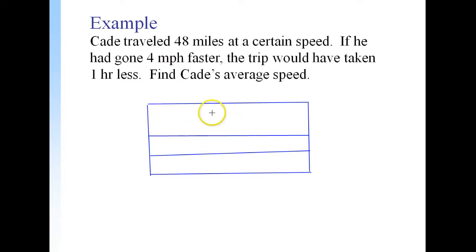I probably could have made some of these a little bit bigger, but we need 3 categories. And you might say, how come 3? Because the formula we're going to use is distance equals rate times time.